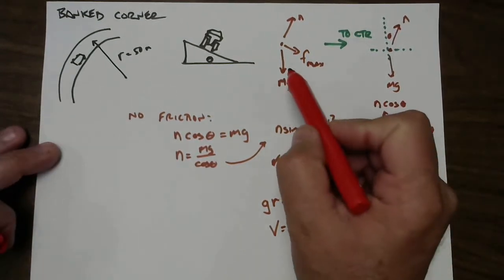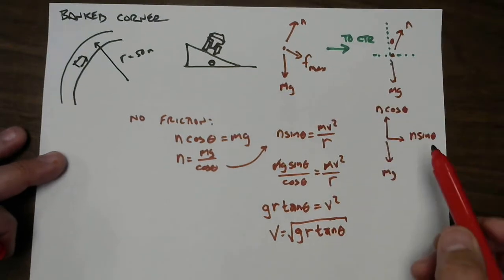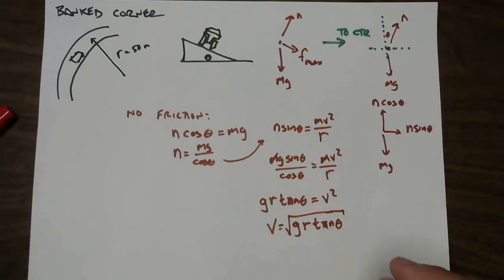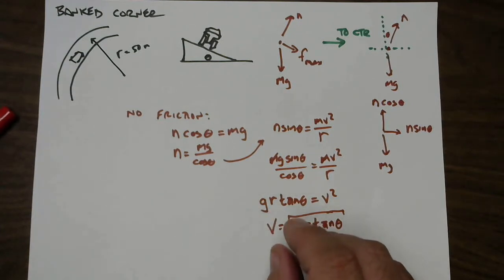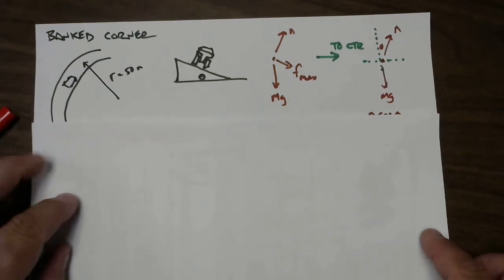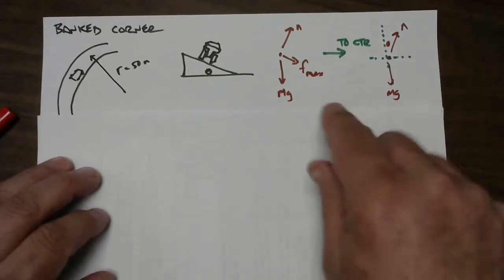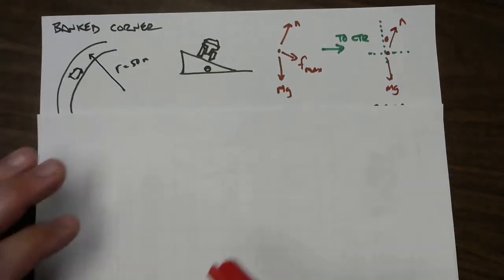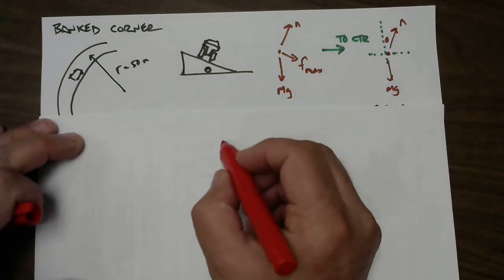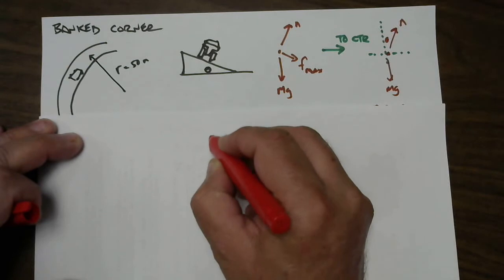Okay, if we go back to the original that has friction, we should be able to find our maximum speed we can go. So I'm going to take this piece of paper and put it over here, and we're going to do this one. Now the free body diagram gets a little more complicated once we componentize it.